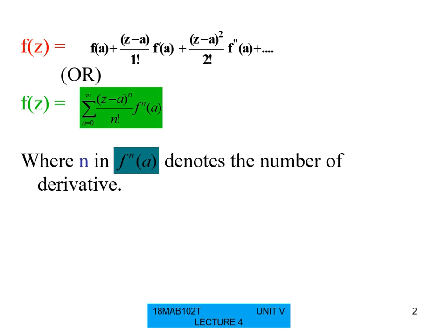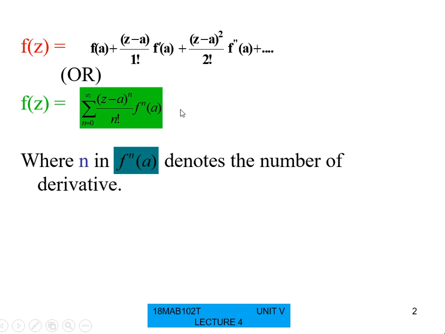So I'm going to repeat this. Taylor series expansion is nothing but an analytic function f of z expressed in powers of z minus a, where the point a is inside a circle. Right?